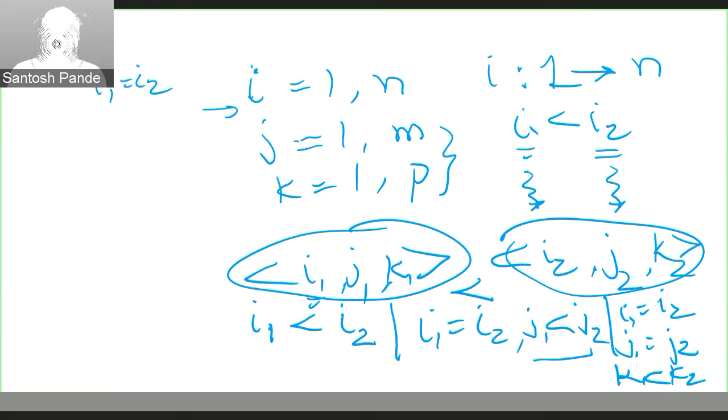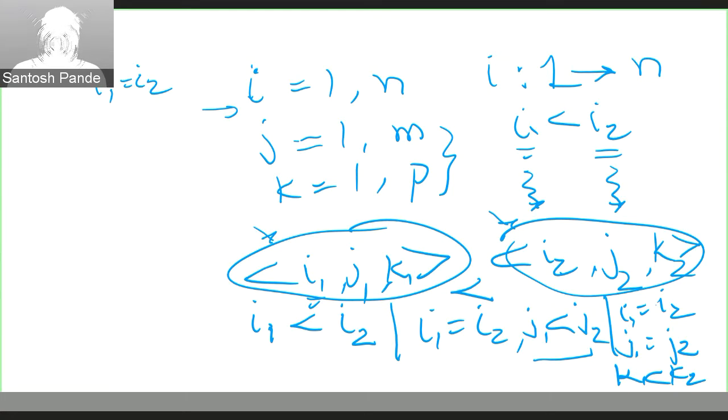J1 is less than J2, and so therefore, again, this iteration is occurring before the other one. By very similar reasoning, because the J loop will execute, given the I loop being held constant, J1 before J2 in a normalized sense, which means that this is increasing order of execution and stride 1. And so because of that reason, I1, J1, K1 is ordered before I2, J2, K2.